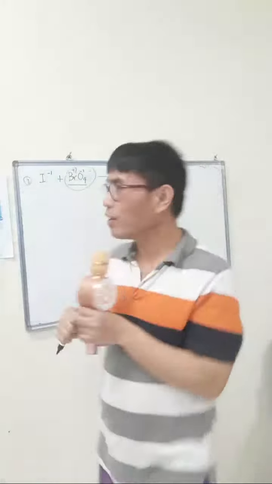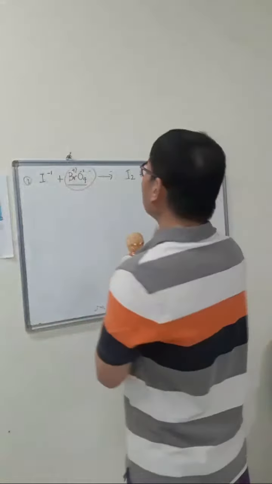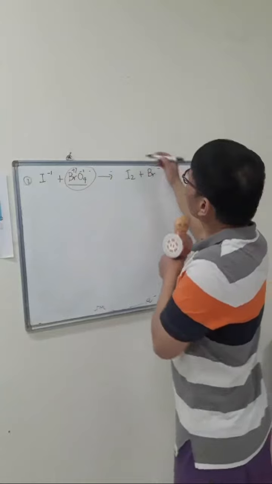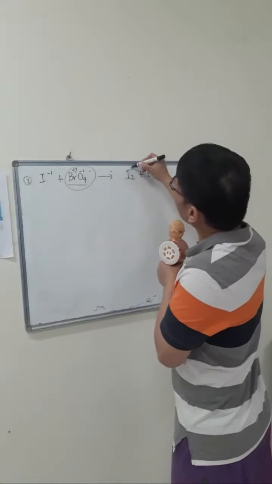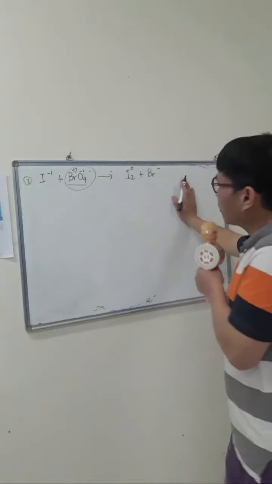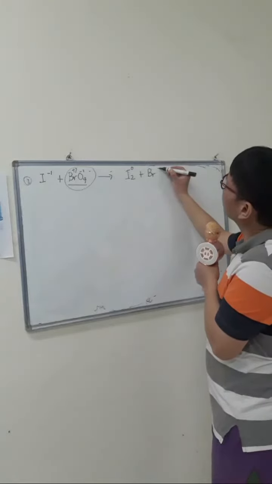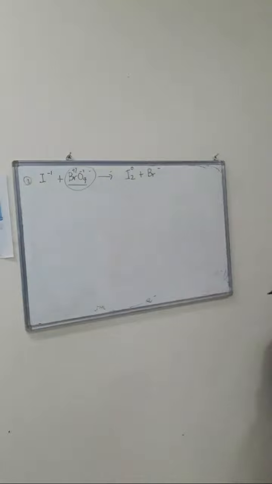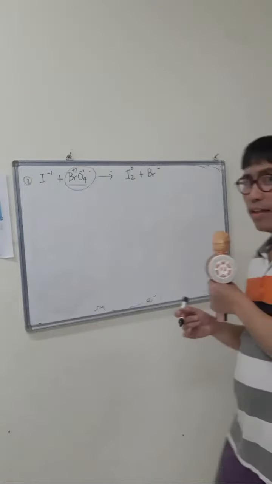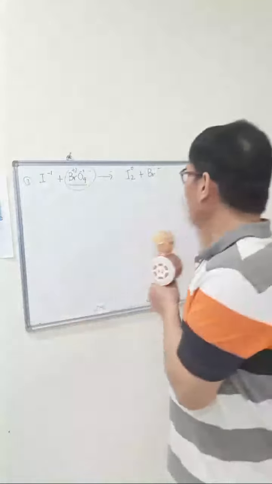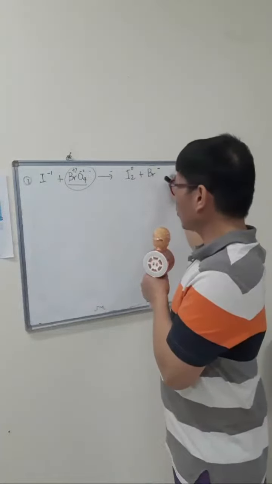So the oxidation state is 0 for a single pure substance, diatomic iodine gas, and then bromide is already negative. So no need to put X here, it's already the charge.